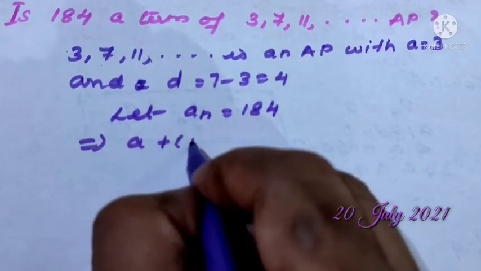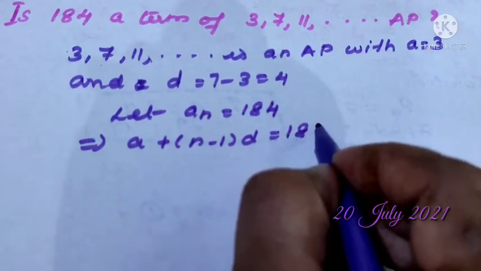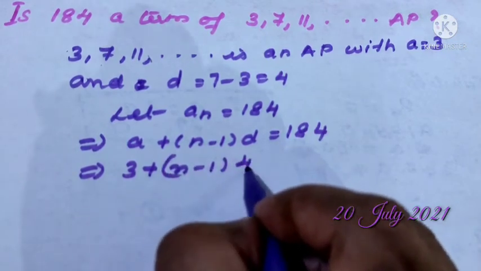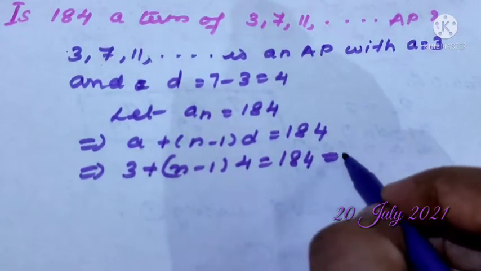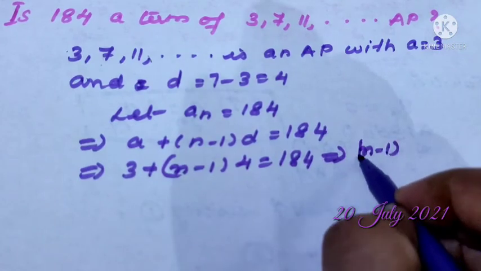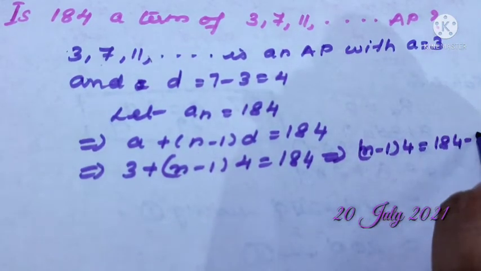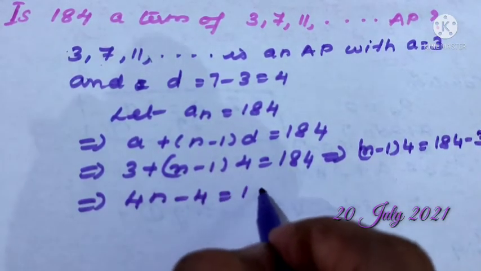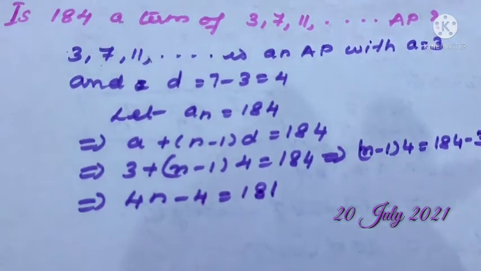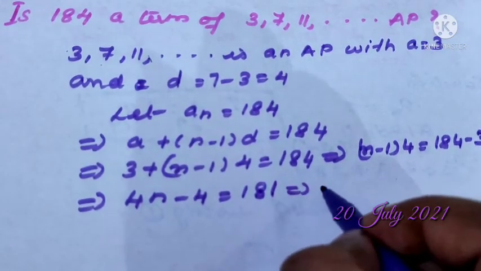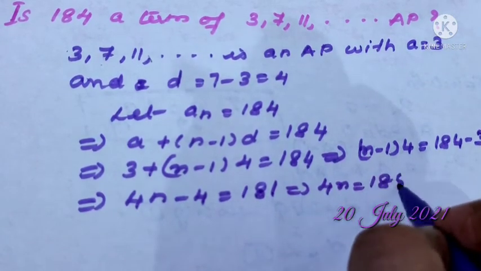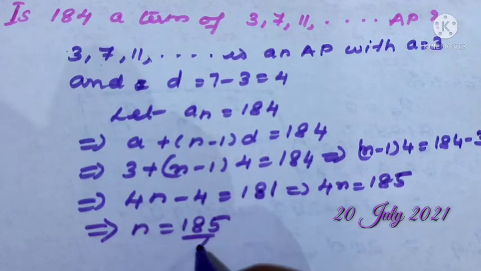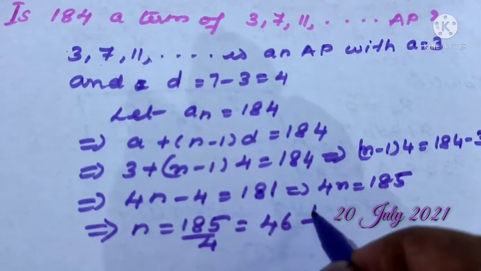A plus n minus 1 into D equal to 184, 3 plus n minus 1 into 4 equal to 184. n minus 1 into 4 equal to 184 minus 3, implies 4n minus 4 equal to 181, 4n equal to 185, n equal to 185 by 4 equal to 46 and 1 by 4.